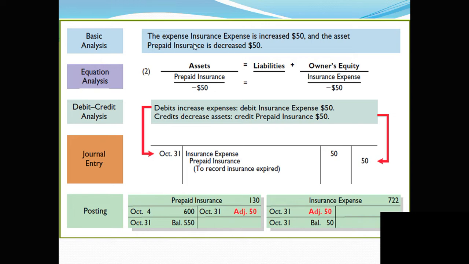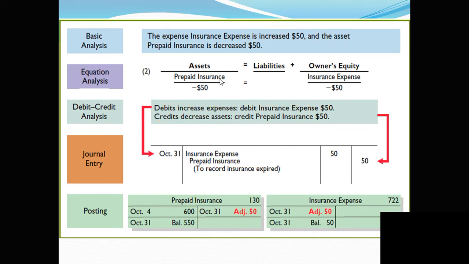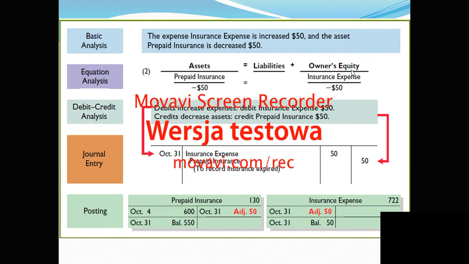The insurance expense is increased by $50, and the asset prepaid insurance is decreased by $50, as I told you. And in the equation analysis, on the asset side you have prepaid insurance, which decreases by $50, and on the right hand side, liabilities plus owner's equity, insurance expense is recognized $50.